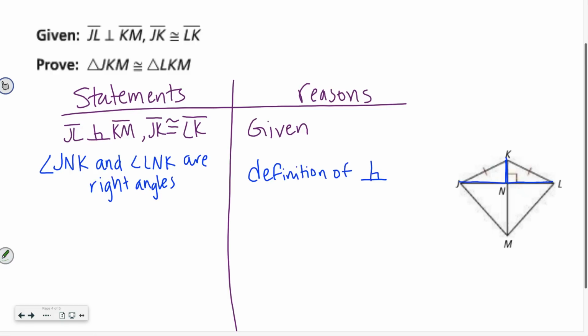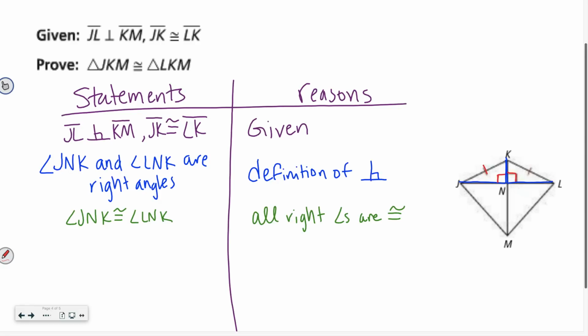The reason I can say that they are right angles is by definition of perpendicular. So now that I know that they're both right angles, I can say that they have to also be congruent to each other. The reason I can say that those two angles are congruent is because all right angles are congruent.